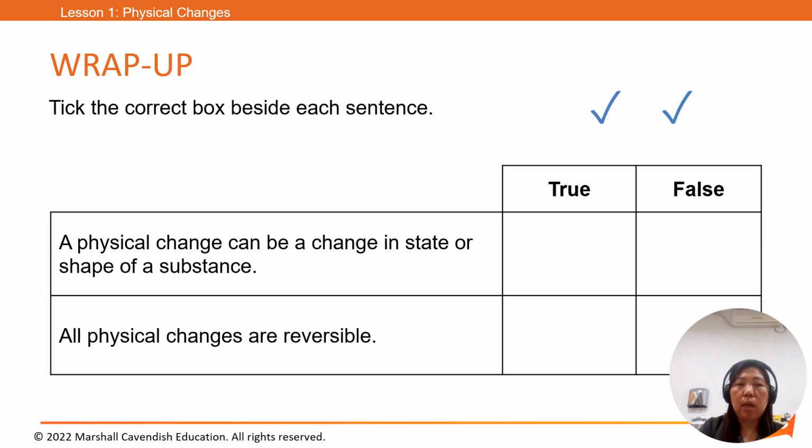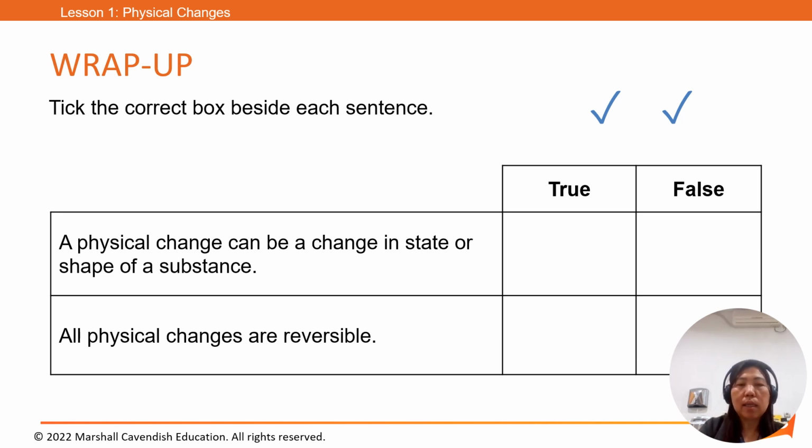What do you think the answer would be? Is that a change in state? Yes, definitely. And do you think that can be a change in the shape? Good, yeah, because if we see the wrinkled paper and also the wax, the answer is true.